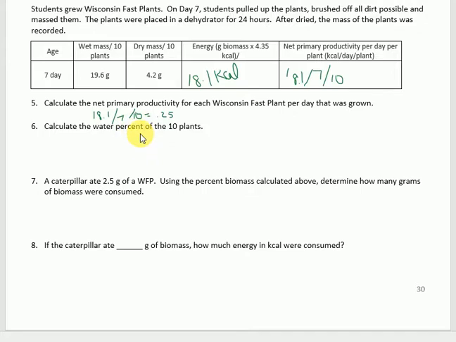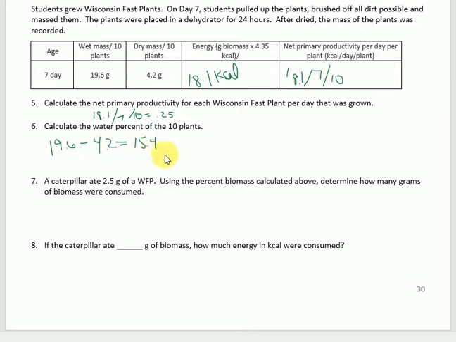Calculate the water percent of the 10 plants. Well, we know that we started out with 19.6 and we ended with 4.2. So we can say that the 15.4 grams was water.